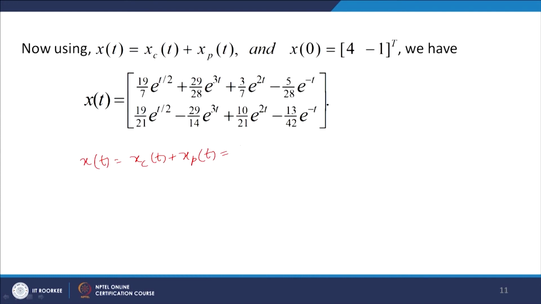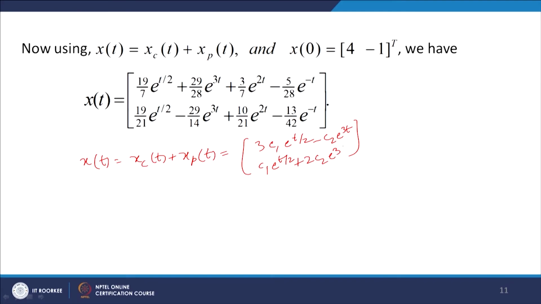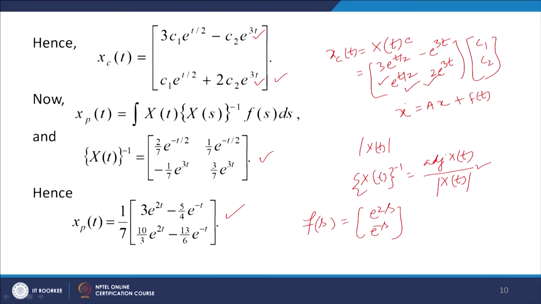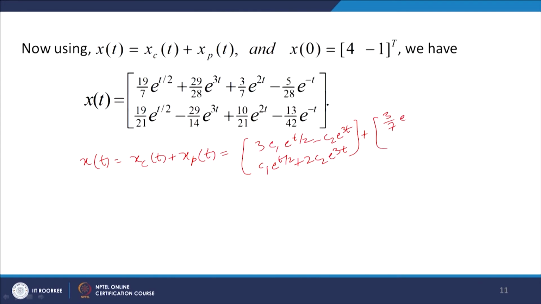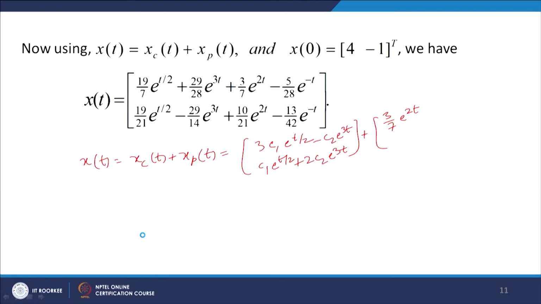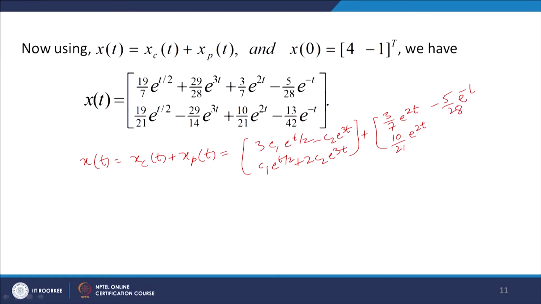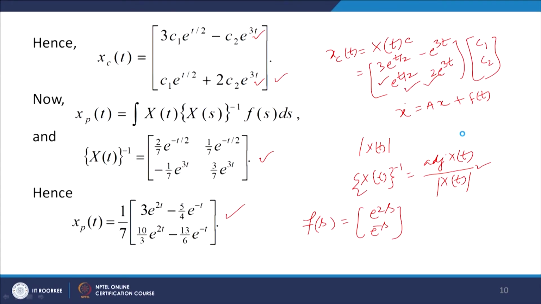This is 3 c1 e^(t/2) minus c2 e^(3t), and then we have c1 e^(t/2) plus 2 c2 e^(3t), and to this we add this matrix 3/7 e^(2t), then we have 10/21 e^(2t), and then we have minus 5/28 e^(-t), and then we have minus 13/42 e^(-t).